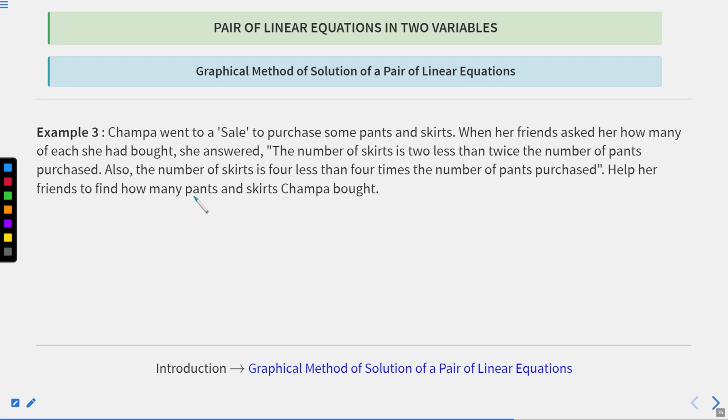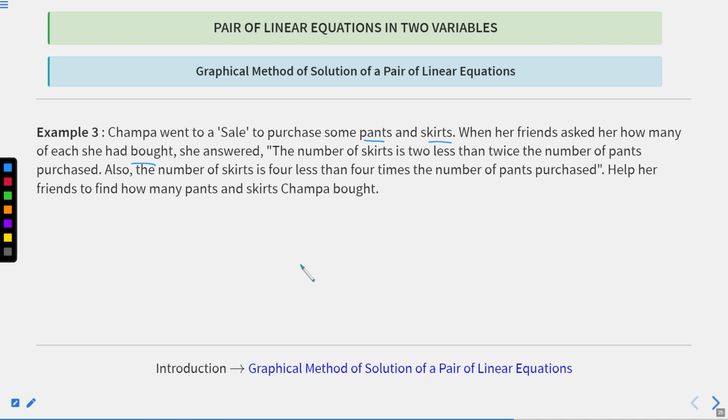In this example we are given: Champa went to a sale to purchase some pants and skirts, and when her friends asked her how many of each she had bought, she answered the number of skirts is 2 less than twice the number of pants purchased.